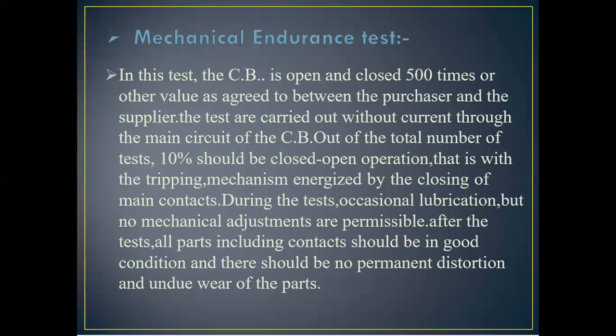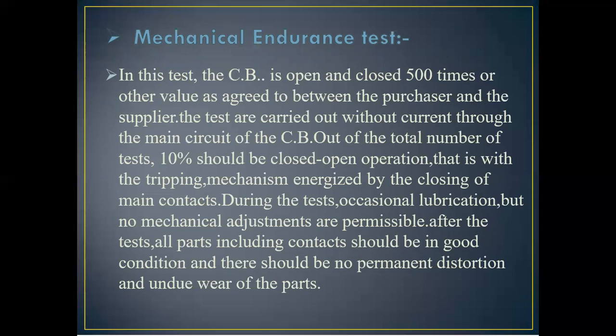In the mechanical endurance test, the circuit breaker is opened and closed 500 times, or another value as agreed between the purchaser and the supplier. The tests are carried out without current through the main circuit of the circuit breaker.